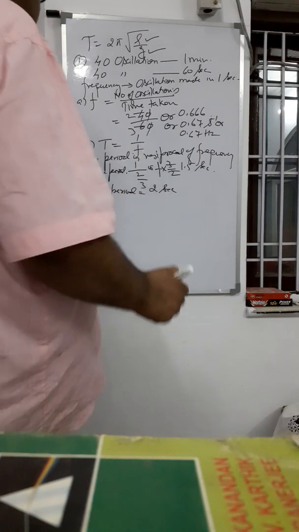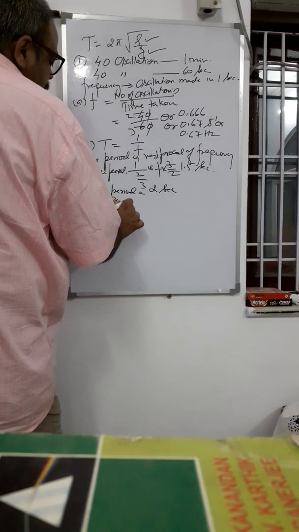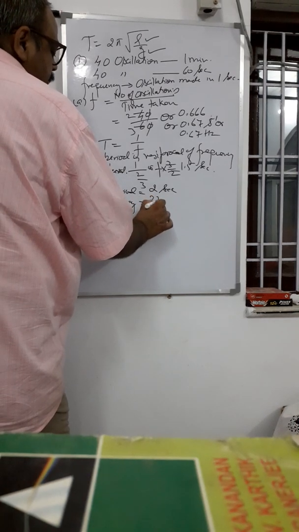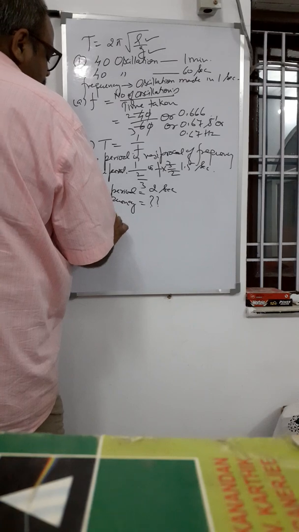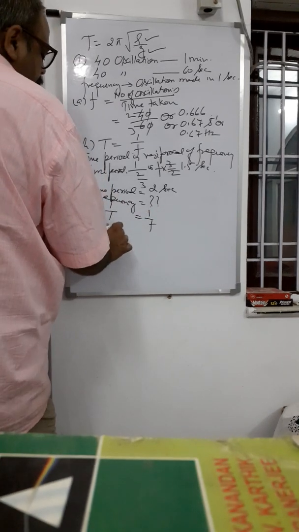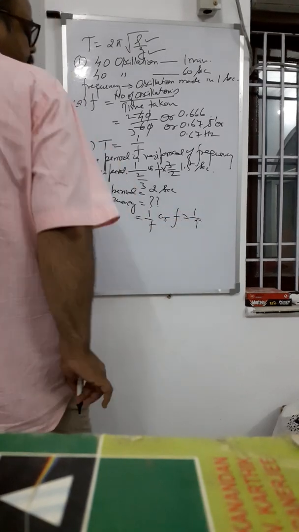What is the frequency? Simple. Frequency is asked. So T is equal to 1 upon f, or f is equal to 1 upon T.